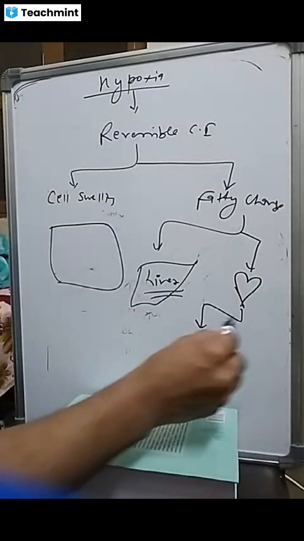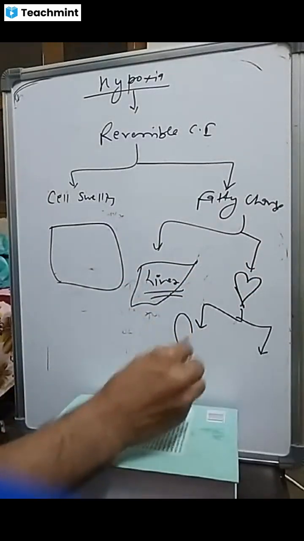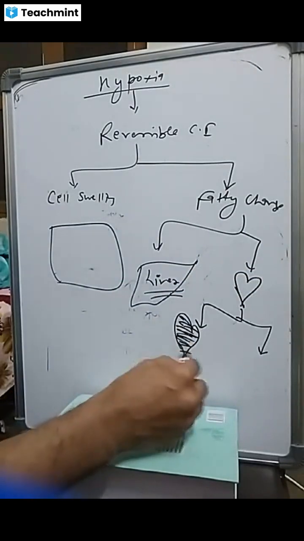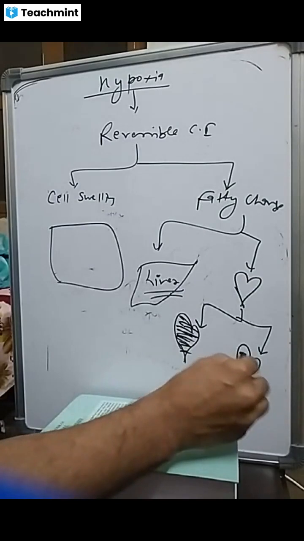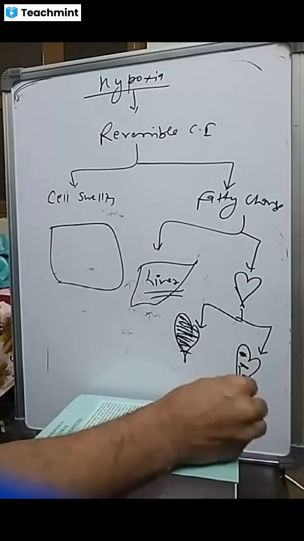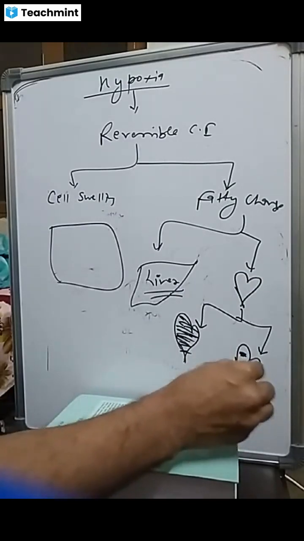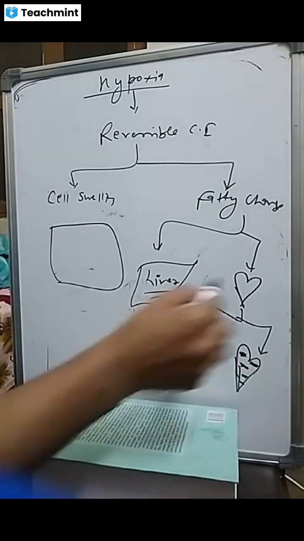In case of heart, there were two patterns. One pattern was uniform, and another pattern had a tiger effect because of non-uniform distribution.